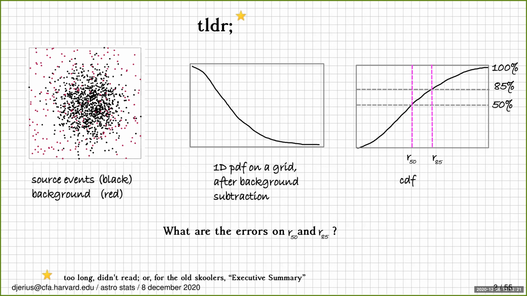And then we actually integrate that to determine what we're calling enclosed count fractions or encircled energies. And we're going to measure the radius of fiducial fractions. And the key thing that we are having interesting difficulties with is, how do we determine the error on the measured radii? And so if you can hold on to that, we can move back into the world of astronomy.